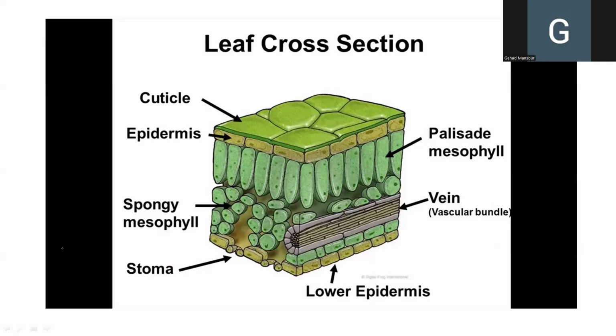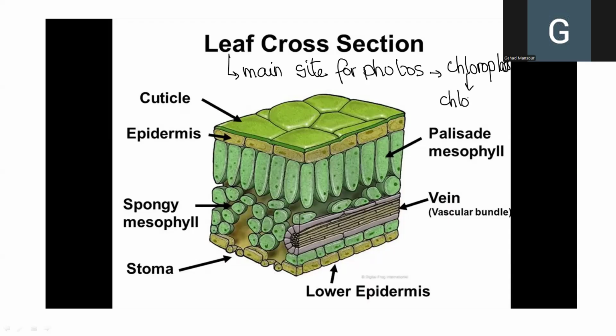This is because the leaf is the main site for photosynthesis in the green plant. And it is the main site because it is rich in the organelle that contains chlorophyll, the chloroplast. And the chloroplast contains the green pigment chlorophyll, and colored pigments are essential for photosynthesis.